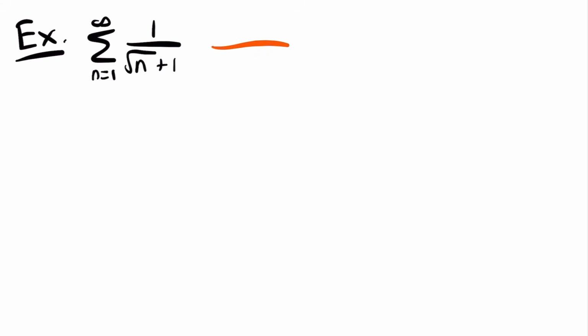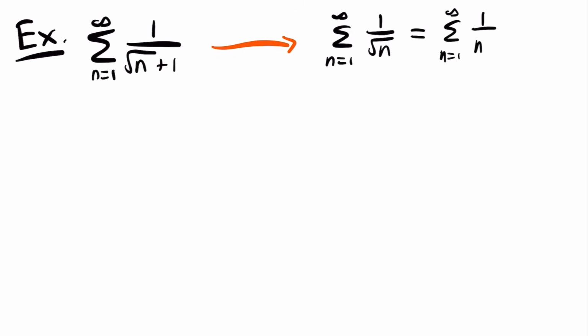So if we compare that to the sum from n equals 1 to infinity of 1 divided by the square root of n, that would be equal to the sum from n equals 1 to infinity of 1 divided by n to the 1/2 power, right? The square root of a value is the same as taking that value to the 1/2 power. And so we have a p-series of 1 divided by n to the power of 1/2, and so p is equal to 1/2.